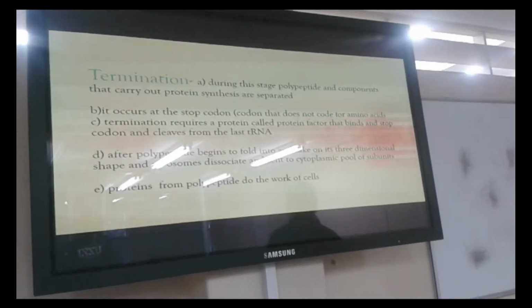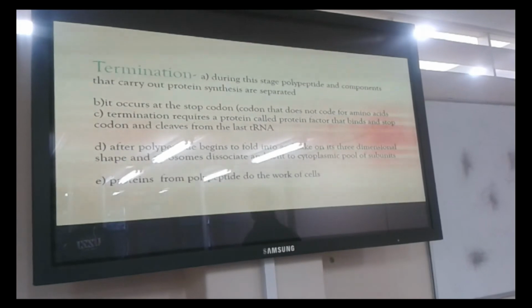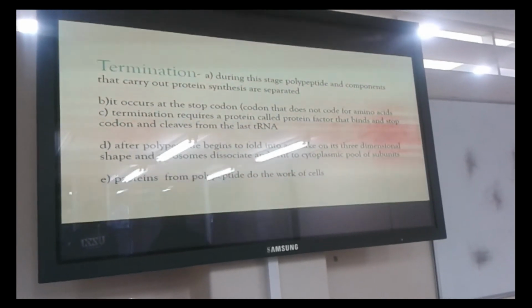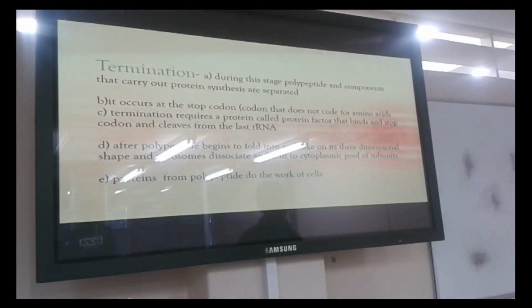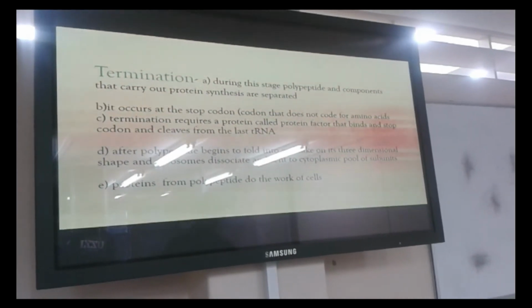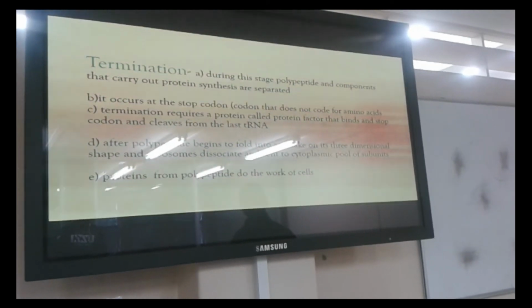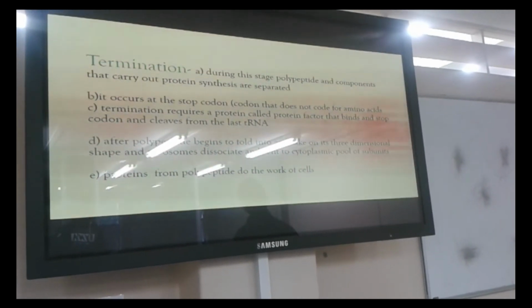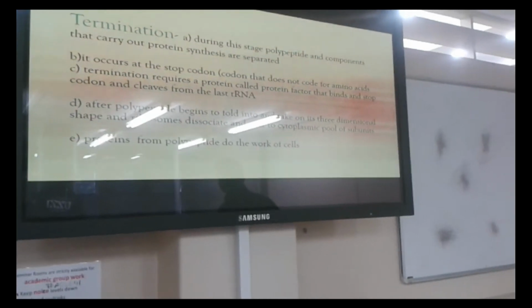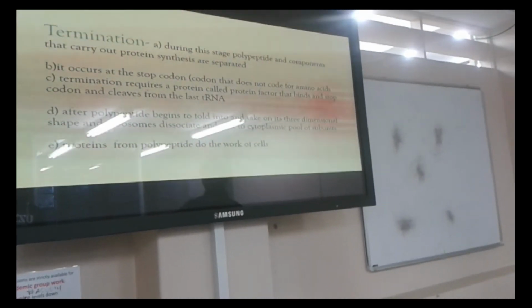This protein binds on the codon because there are no amino acids that can code with that. That's the stop site. Remember the methionine, the one that starts: translation has the start and the stop.